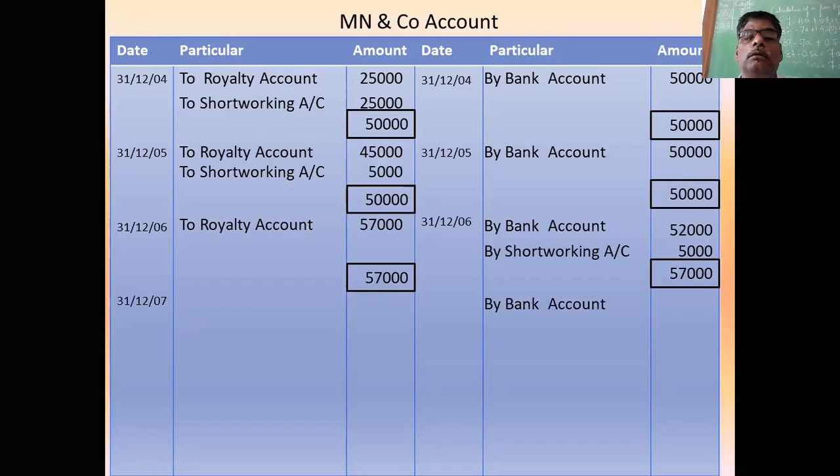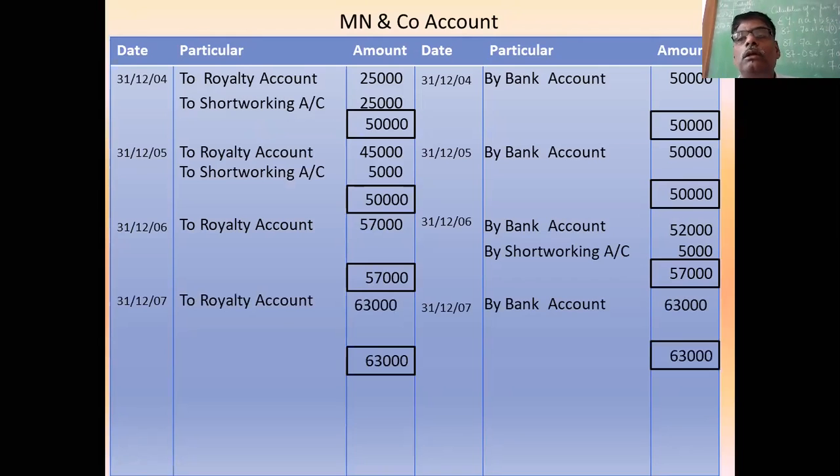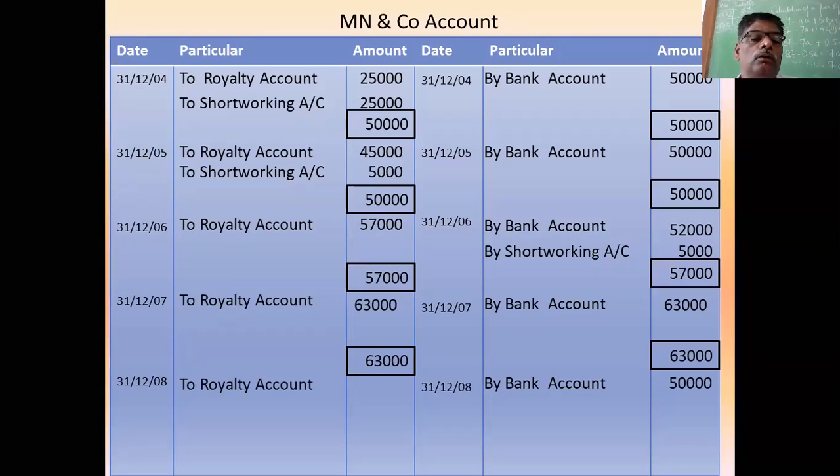Then by bank 63,000, to royalty 63,000, total 63,000, no difference. Next year, by bank 50,000, to royalty 10,000, to short working 40,000, total 50,000.